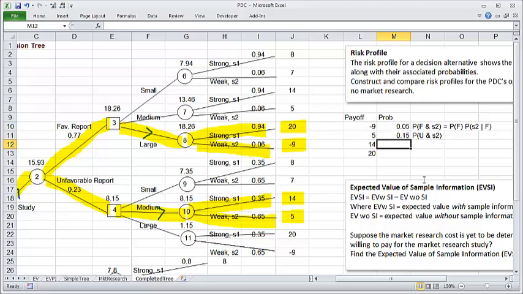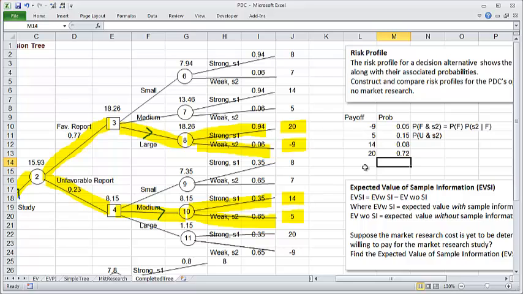That gives us 15%. For the 14, it's going to be 0.23 times 0.35, 0.08, and 20 is over here. The probabilities are 0.77 times 0.94. That gives us 0.72. So this is the risk profile.